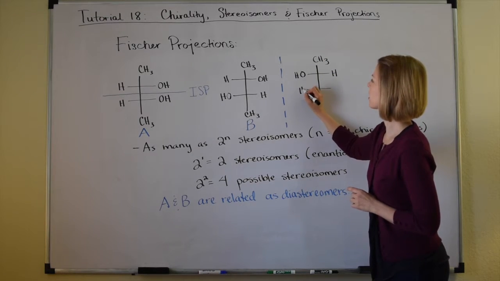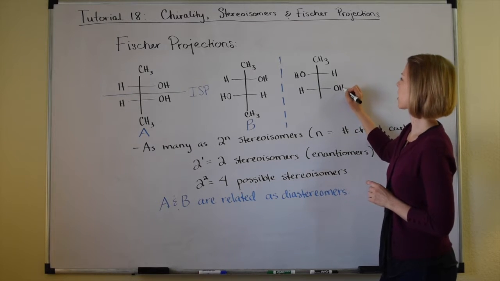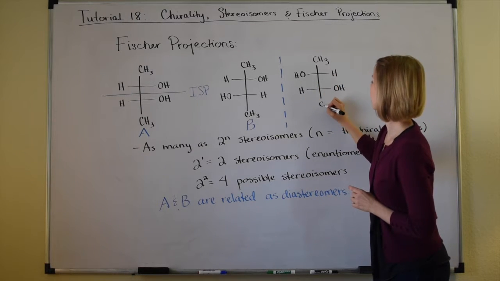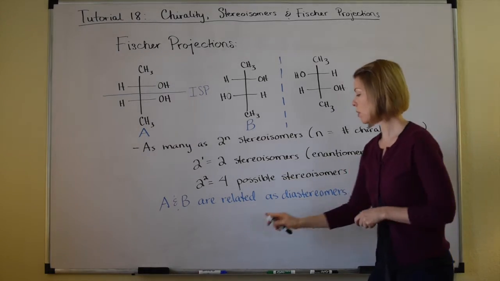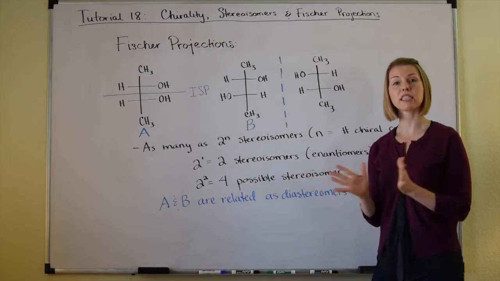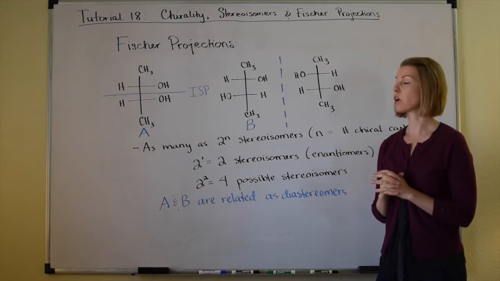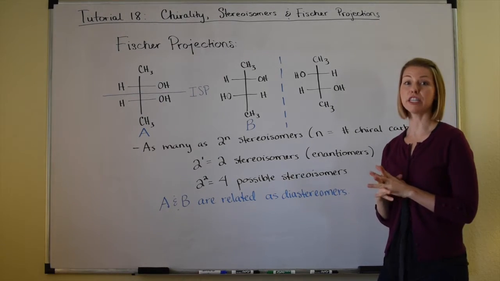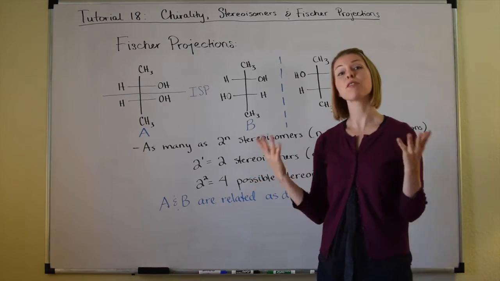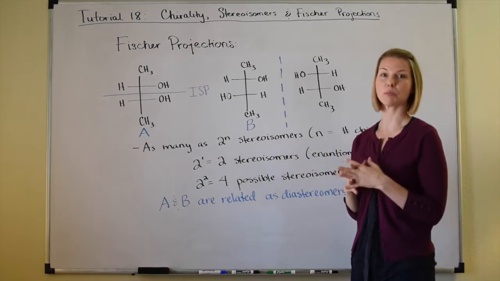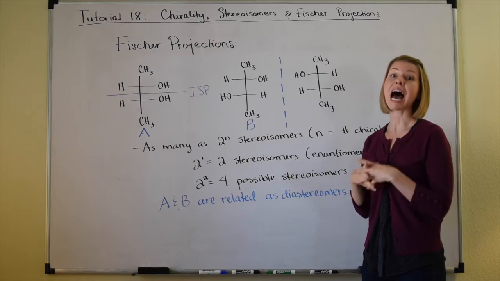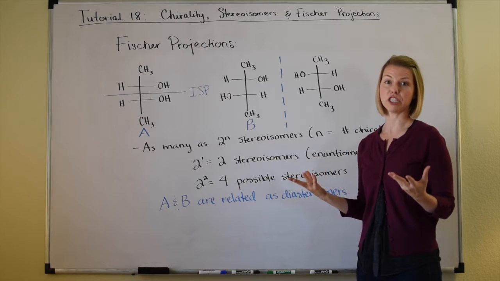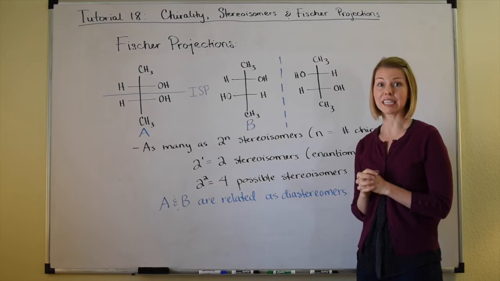And then here, the OH is on the other side, reflecting. Okay. All right, so this molecule also lacks an internal symmetry plane. Okay, so it should be a chiral molecule with an enantiomer. So these two here are in fact related as non-superimposable mirror images. These two are related as enantiomers.